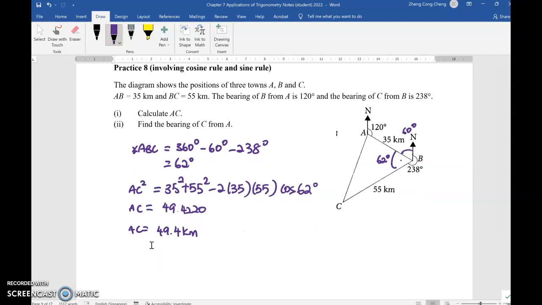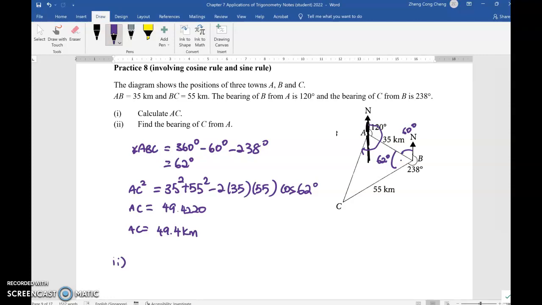Last question. Find the bearing of C from A. If I want to find the bearing of C from A, I will need to extend the north, and I am looking for this angle over here. It's quite simple. It will be 120 degrees plus angle CAB.